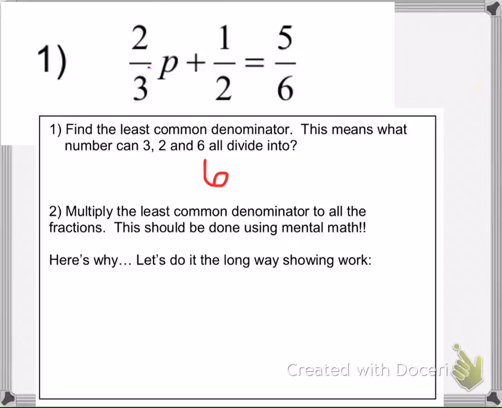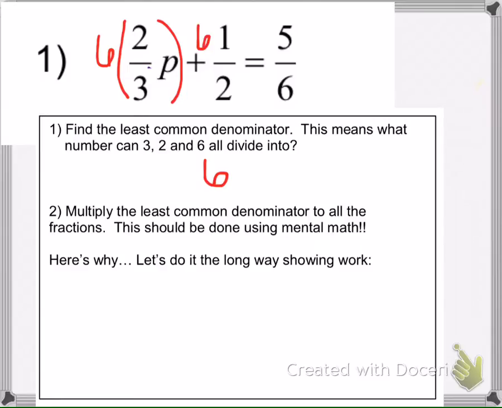So now that we have that common denominator of 6, we're going to distribute 6 to both sides of the equation. So what that means, essentially, is that we're going to multiply 2/3 by 6.